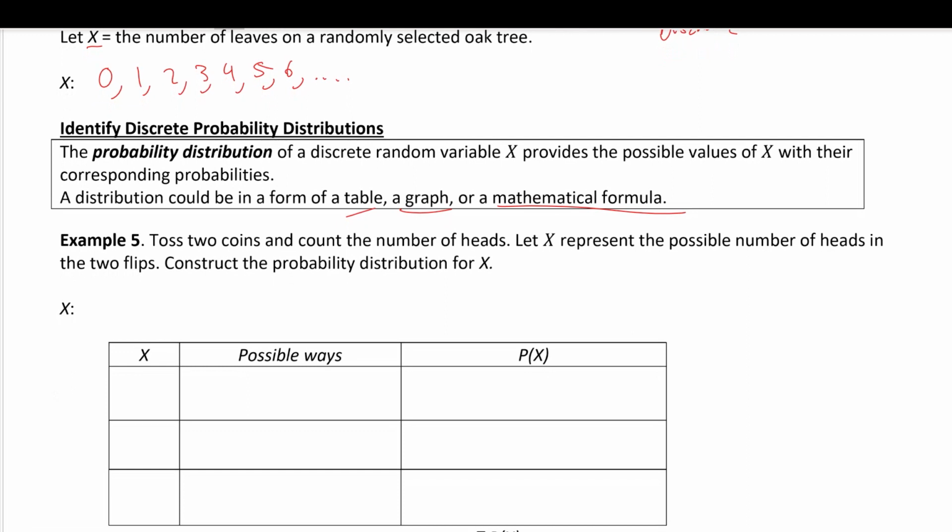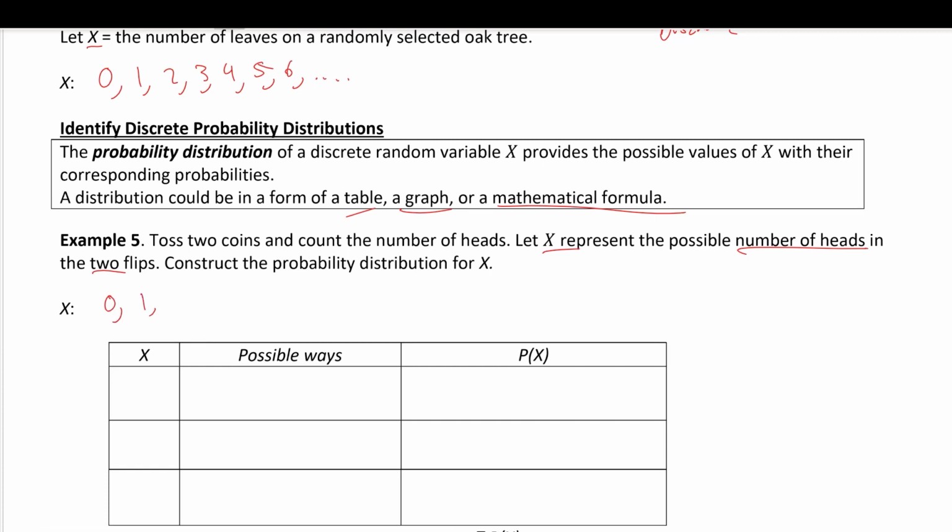Example 5. You toss 2 coins and count the number of heads. Let x represent the possible number of heads in 2 flips. Construct the probability distribution for x. So x is the number of heads in 2 flips. In 2 flips of the coin, can you have 0 heads? Well, yeah, that would be a case in which we have 2 tails, right?